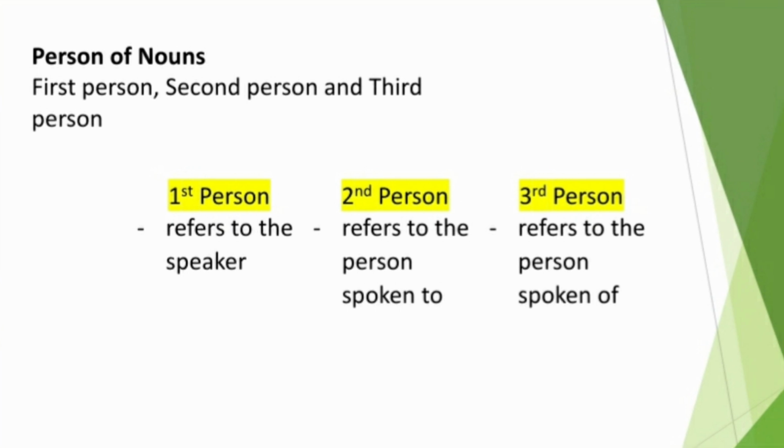Another property of nouns, person of nouns. When we say person of nouns, these are the first person, the second person, and the third person.